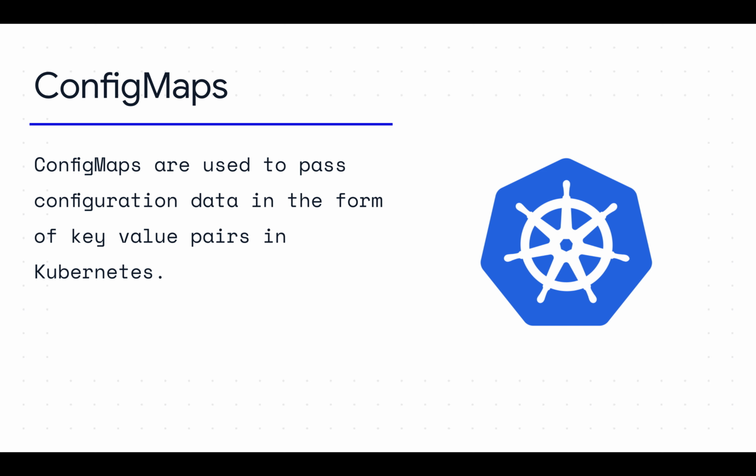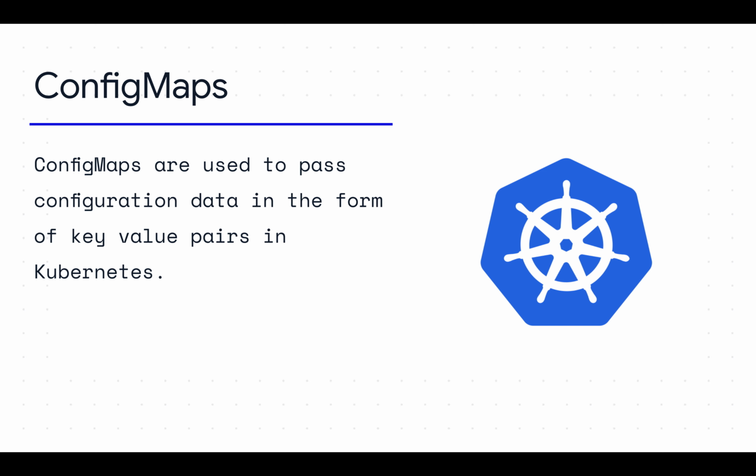Config maps are used to pass configuration data in the form of key value pairs. Let me give you a simple example. Say you want to deploy 10 microservices, and all these microservices connect to a singular MongoDB instance deployed on Kubernetes, for instance, or deployed outside Kubernetes.